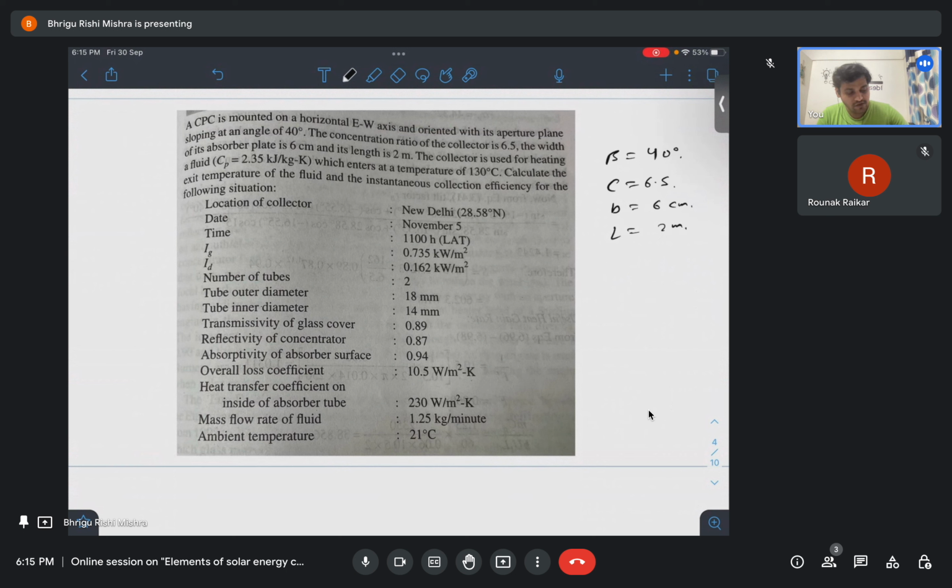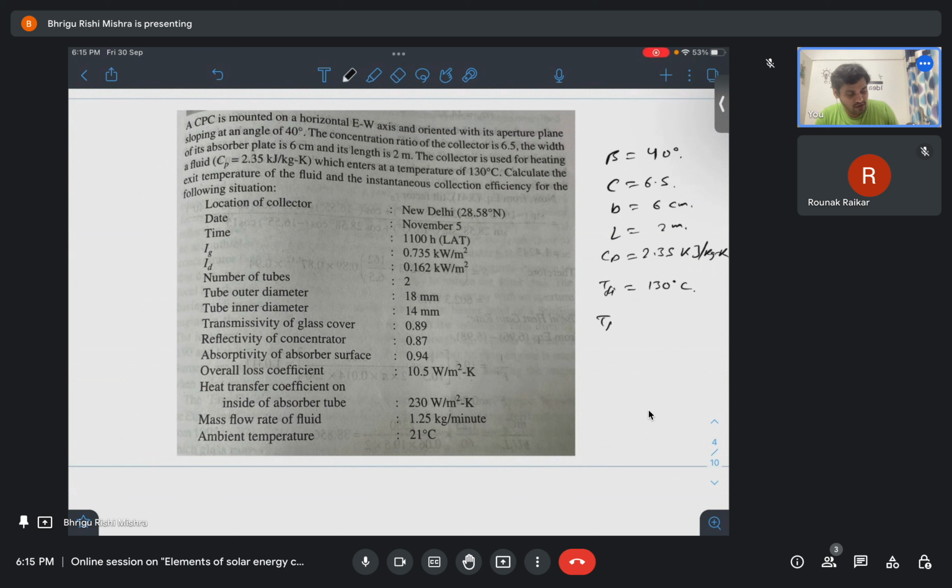The collector is used for heating a fluid. Cp of fluid is 2.35 kilojoule per kilogram Kelvin, and the inlet temperature is TFI equals 130 degree centigrade. Calculate the exit temperature of the fluid.